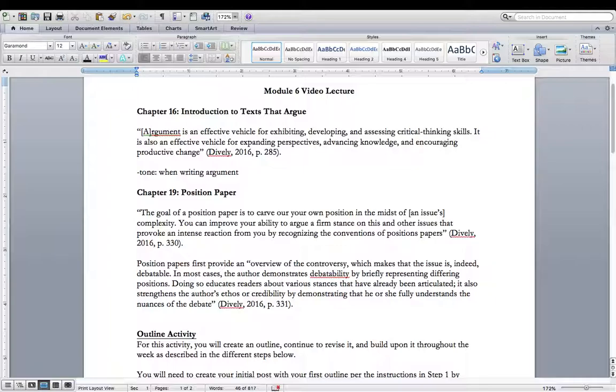So when writing an argument paper, and I would add, in academic writing, which is one of the main discourse communities in which argumentative writing happens, you want to be aware of the tone in which you use.